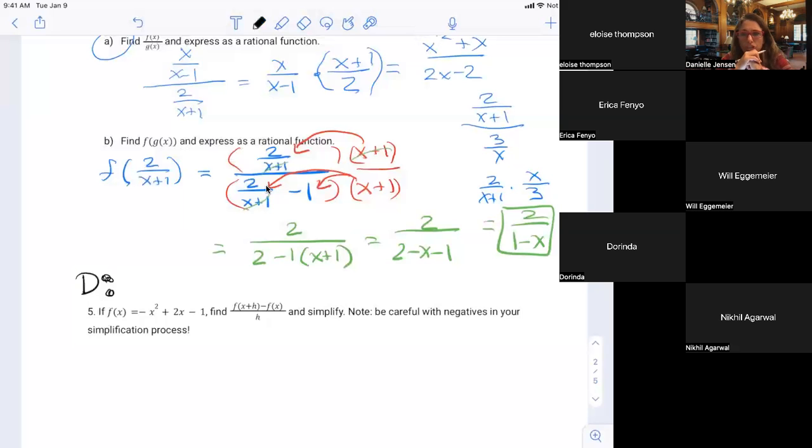So with compositions, what matters? There are two things that matter when you think about the domain of a composition. What are those two things?